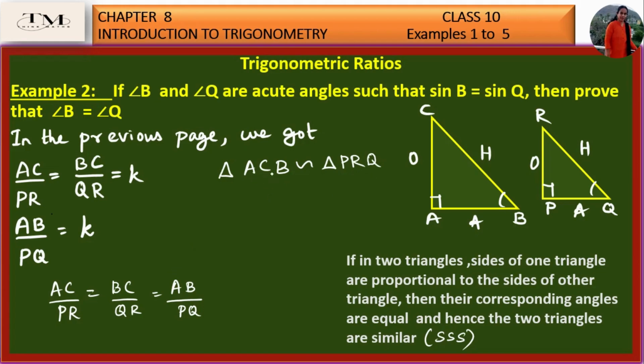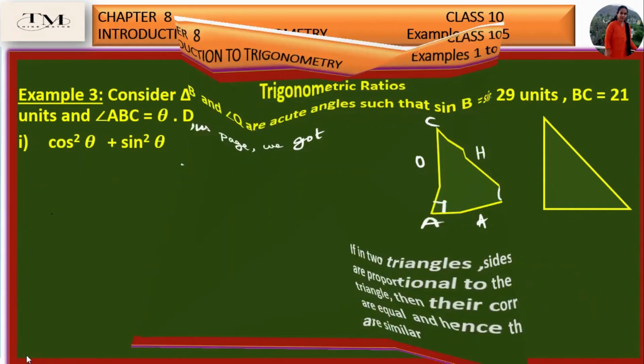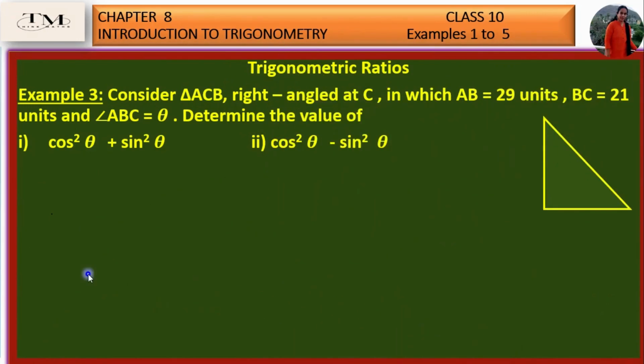Now from this we can say that angle B, which is in the third place, corresponds to Q. So this implies angle B equals angle Q. This is by SSS criteria. Okay children, I hope you can understand this example. Moving on to the next example on the next page.